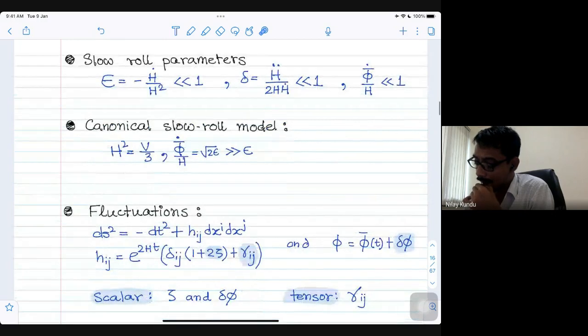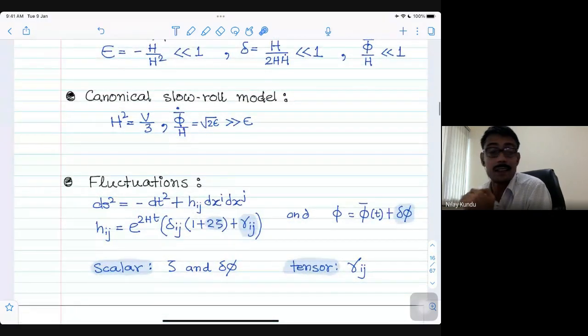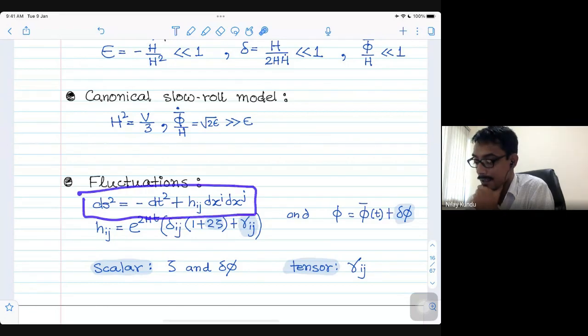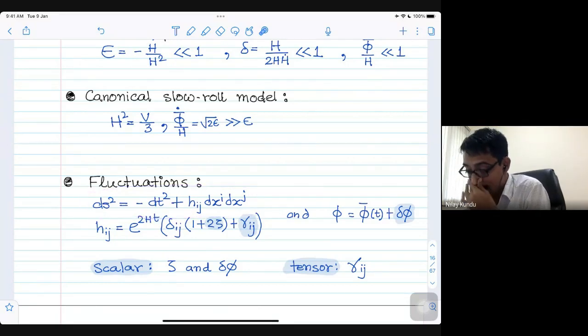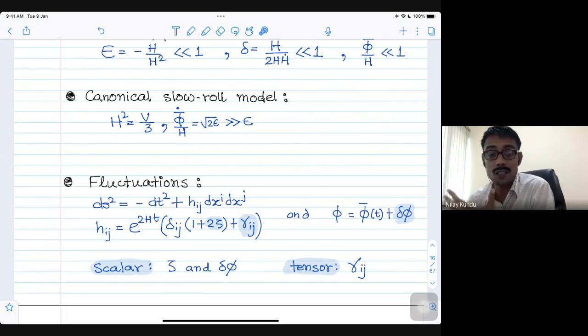Now, as I said, the metric was not exactly de Sitter, so the metric will now have perturbations. Let us write down the perturbations, because what we are going to study are these perturbations, the fluctuations and their correlation functions.